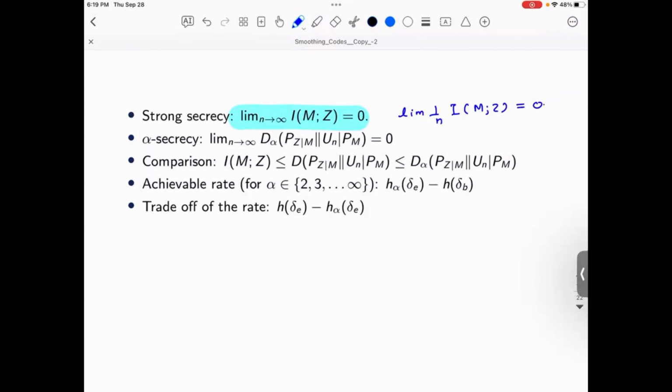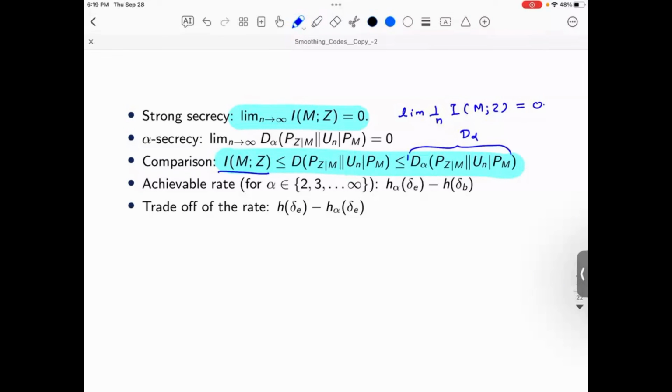But we have a more stringent secrecy that is based on this inequality. So perfect smoothing in D alpha is equivalent to this condition. If this condition is satisfied, that means alpha strong secrecy is already satisfied.